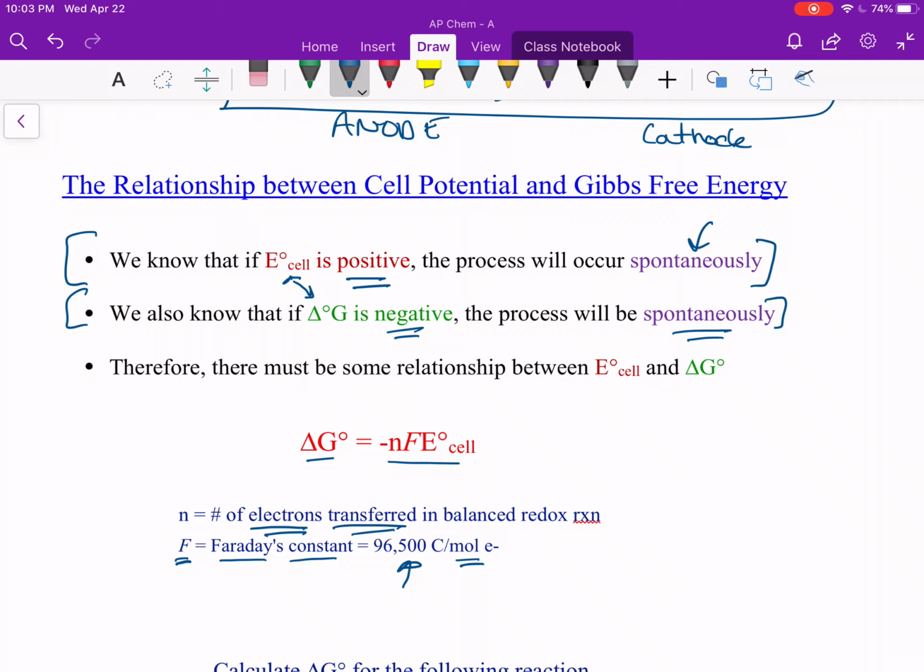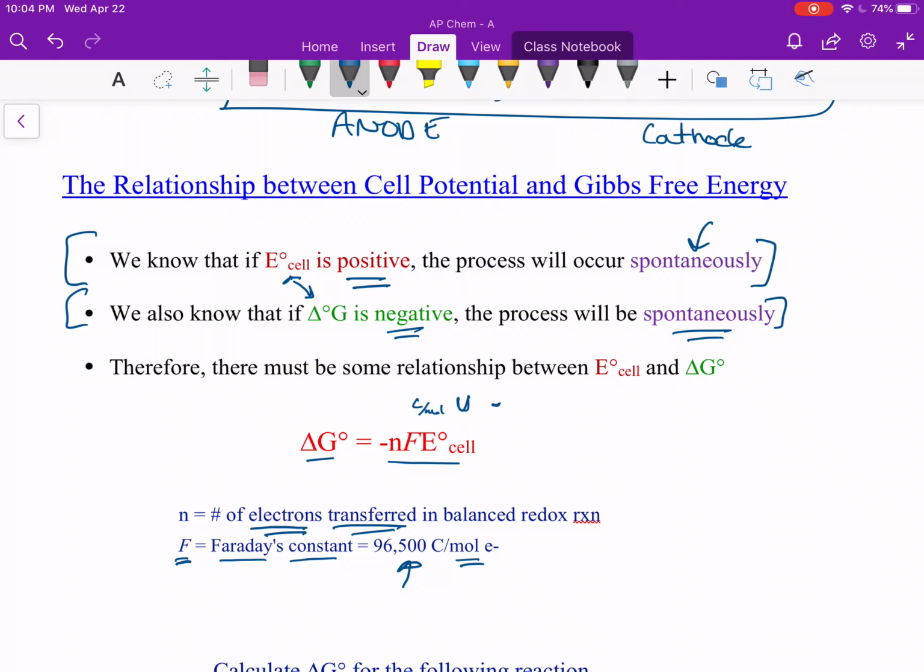Now, remember, this is very important. I have the number of moles, then I have my Faraday's constant, which is in coulombs per mole, and then my E cell is in volts. You're looking at that and wondering how that's possible.